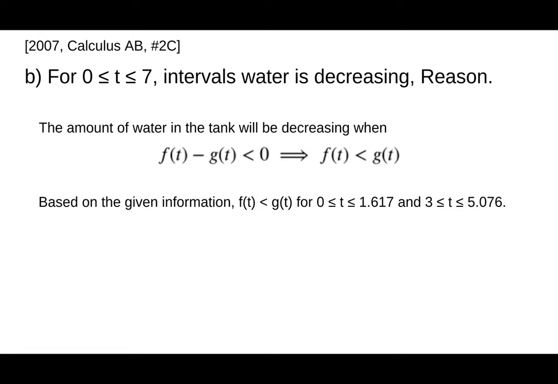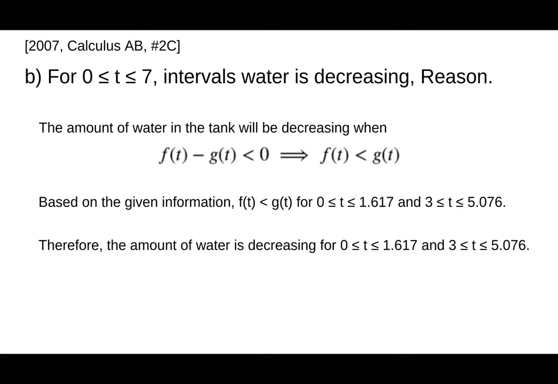So if that's what we need in order for the water to be decreasing, those would be our intervals where water is decreasing. The amount of water in the tank is decreasing between t equals 0 and 1.617 hours, and then again for t between 3 and 5.076 hours.